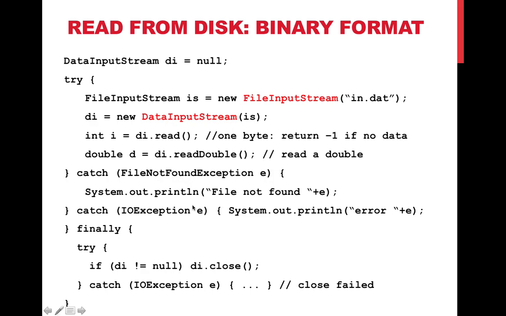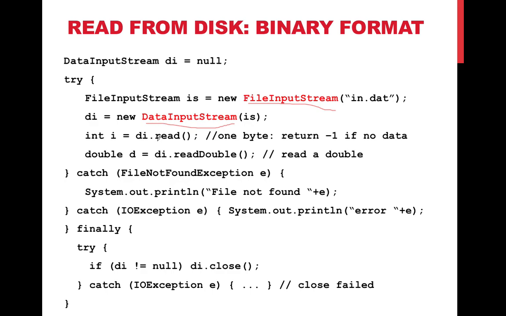Here's another example of how to read binary data from a disk file. Another pair of classes is used: FileInputStream, which is the low-level interface. The existing file name is in.dat, from which you are going to read. Then DataInputStream is the higher level interface, so you wrap the low level one in it, and then for each data item to read, you have a corresponding method.